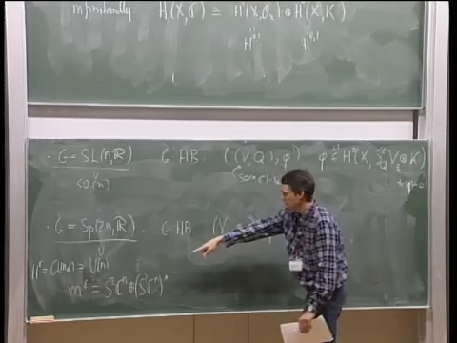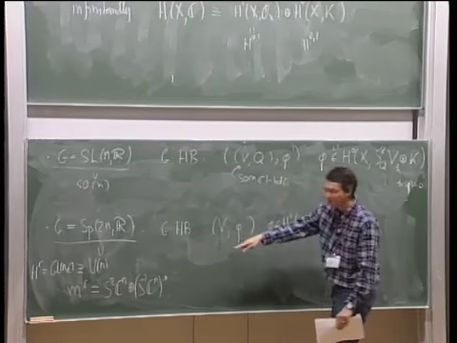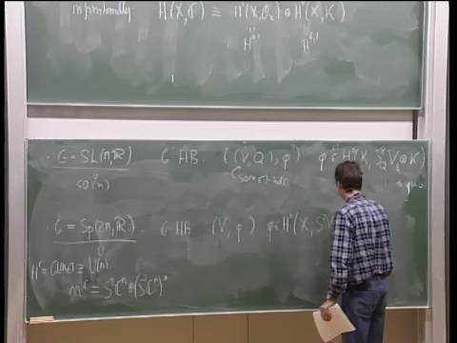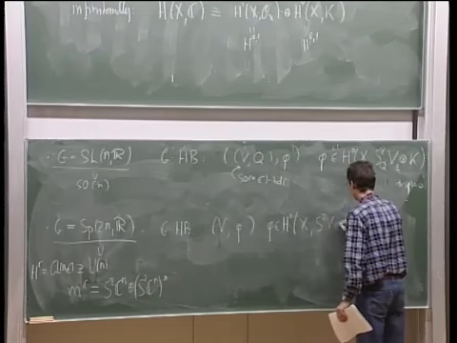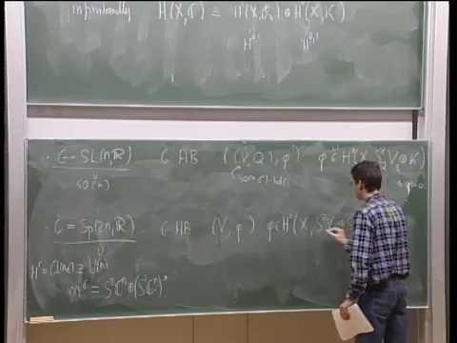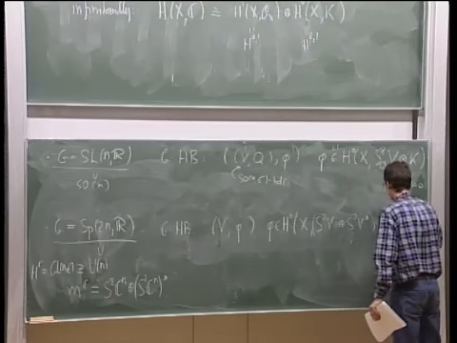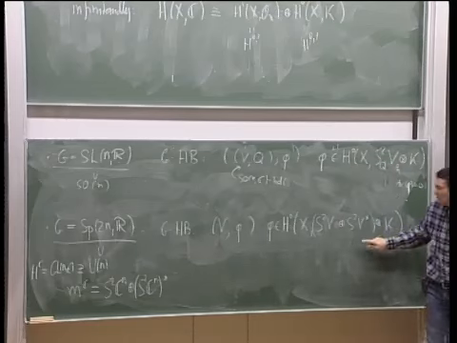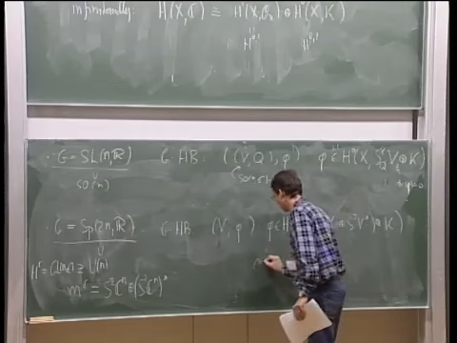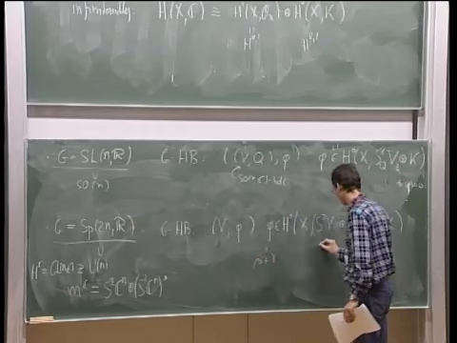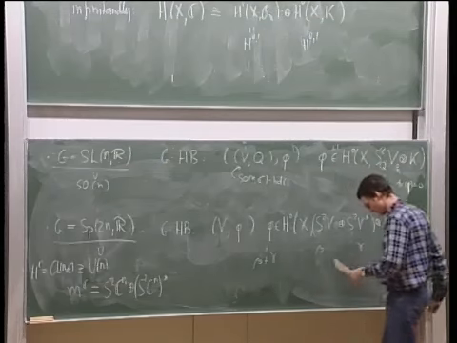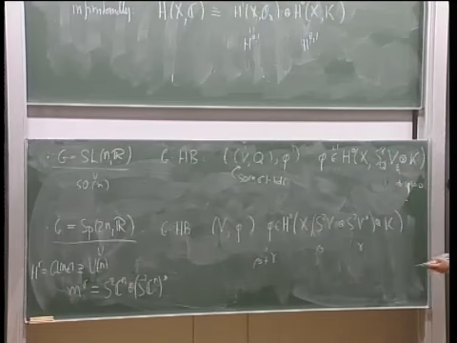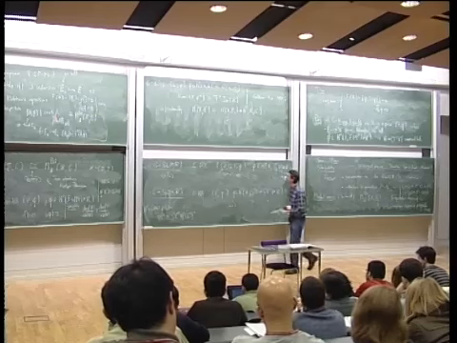It lives in this bundle associated to the isotropy representation, which is then S2V, direct sum S2V dual, tensored with the canonical. Okay. So since we have this direct sum decomposition, actually phi decomposes as the sum of two things, a beta and a gamma, right? So beta lives here and gamma lives here.